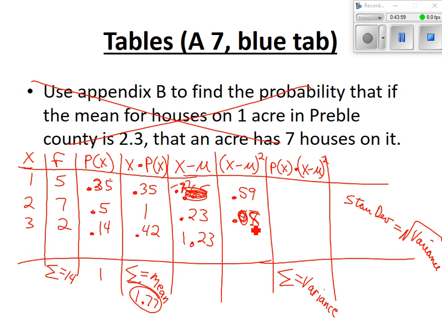That one was 0.59, right? Yeah. And 1.23 squared is 1.5. Are all 3 of those right?